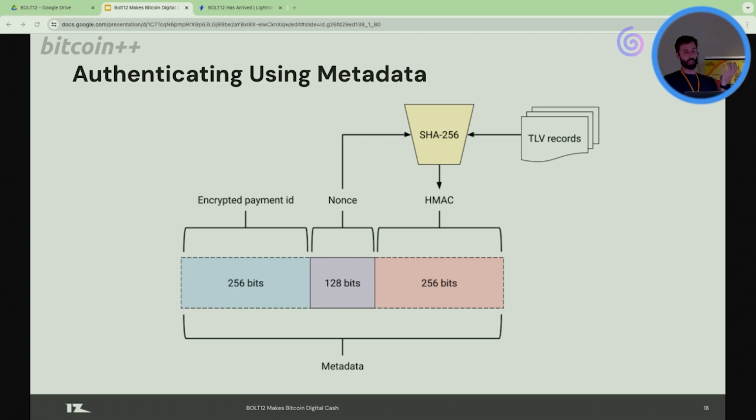So in this construction, only that purple box in the middle, that 16 byte or 128-bit nonce, is included in the metadata. So your metadata would just be 16 bytes. When that offer is given to Alice, and she sends an invoice request with that metadata back to Bob, Bob could look at that metadata and say, hey, is this an offer that I created?